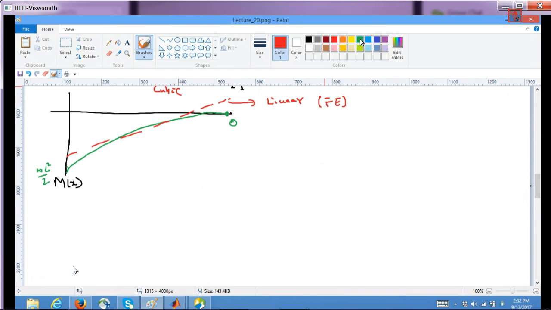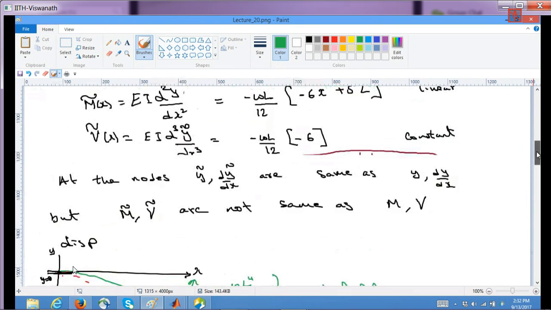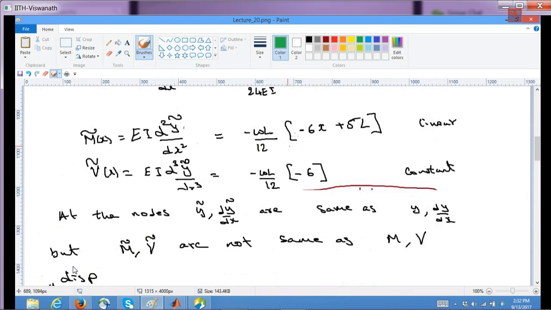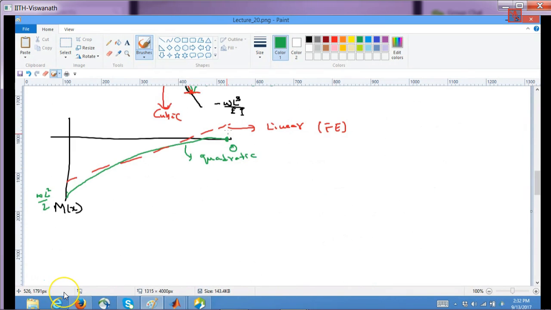You can figure it out by seeing it here. When I substitute x equals L, this is not 0 at L. That's the reason this doesn't match with 0 at this place. It is something different from 0.